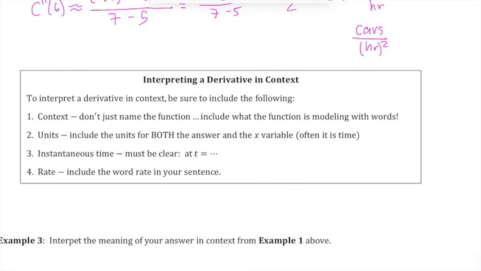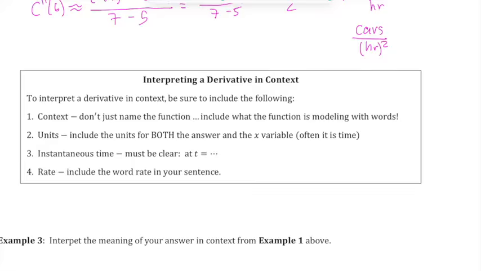Right, so here's some pointers when you're interpreting the derivative in context. Number 1, don't just name the function. Include what the function is modeling with words. So use your words, be contextual. Include both the units for the x and the y. The x is usually time. And then always be clear that it's instantaneous.